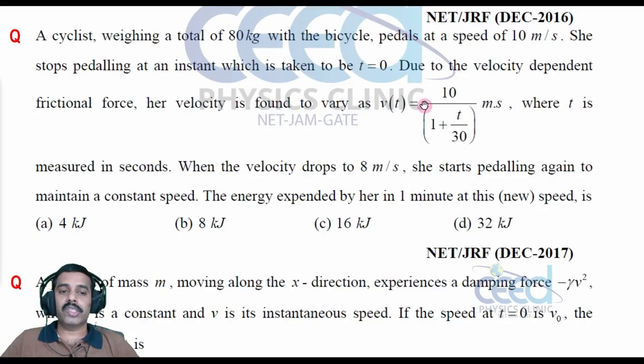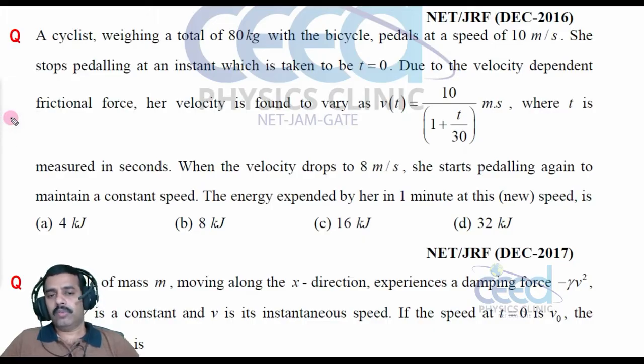The velocity equation is given as 10 by 1 plus t by 30 meter per second, where t is measured in seconds. When the velocity drops to 8 meter per second, she starts pedaling again to maintain a constant speed. Alright. The energy expended by her in 1 minute at this speed is.